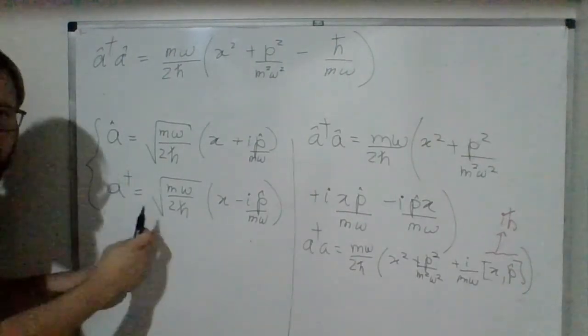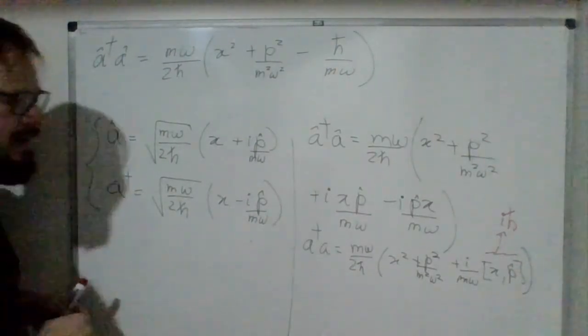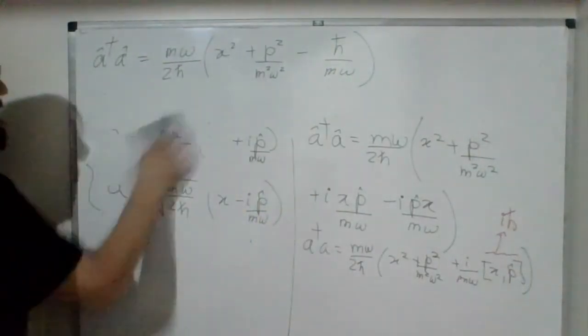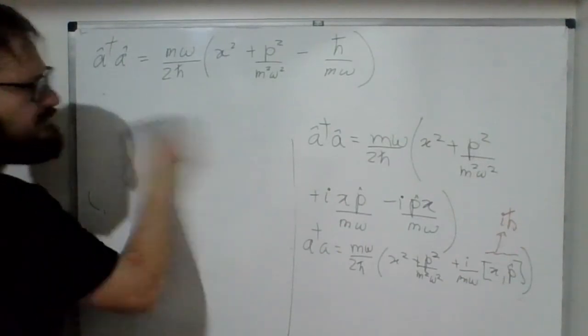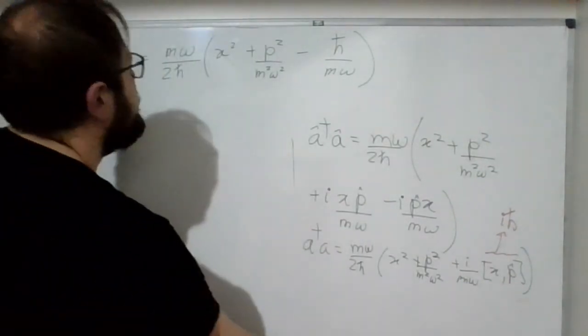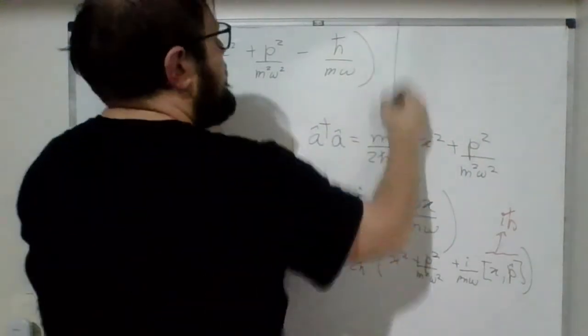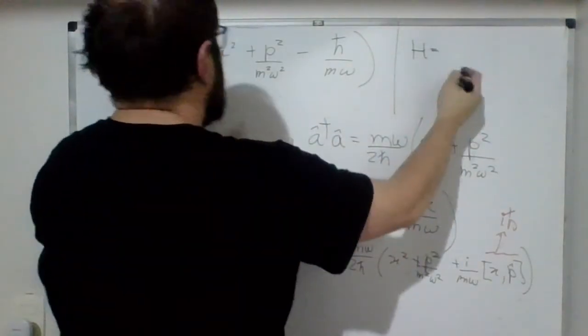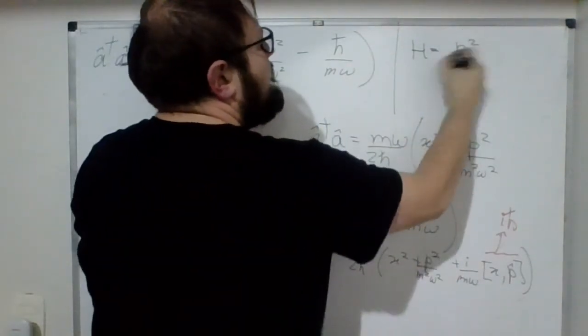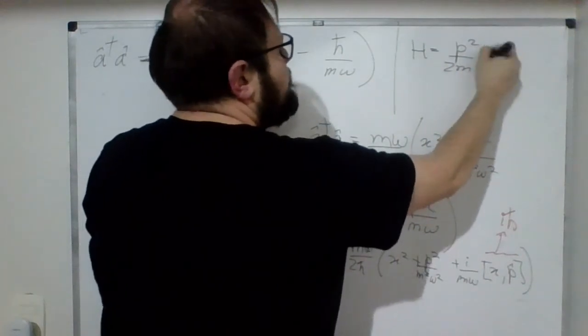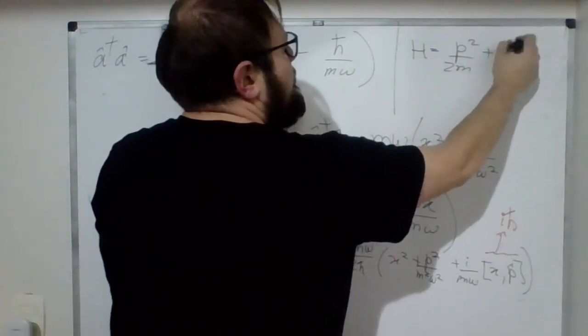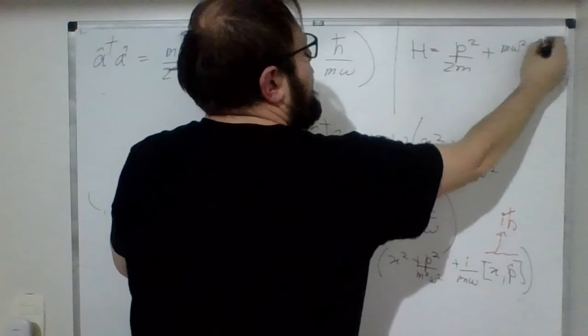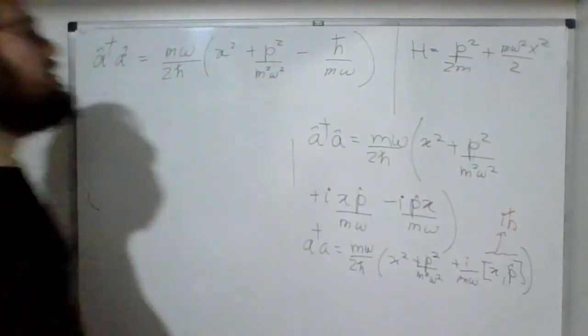So remember these definitions here because I will need to erase. Remember this, right? But remember the Hamiltonian has the form p squared divided by twice the mass plus m omega squared x squared divided by the number 2.